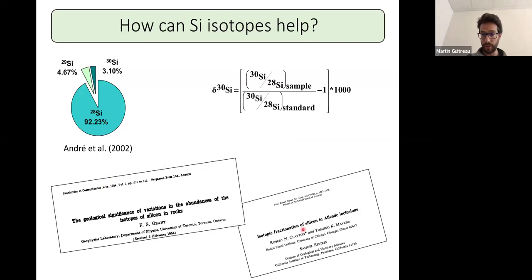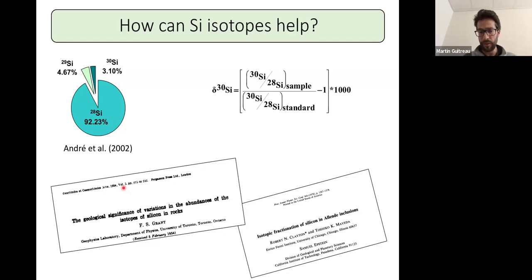I like to show these 2 papers, especially this one, where you see that back in '54, in the golden days of isotope geochemistry, people started to measure silicon isotopes. Of course, it's very abundant. 75% in mass of the continental crust is made by silicon and oxygen. So it was abundant, relatively easy to measure, so it makes sense that this development occurred early on.